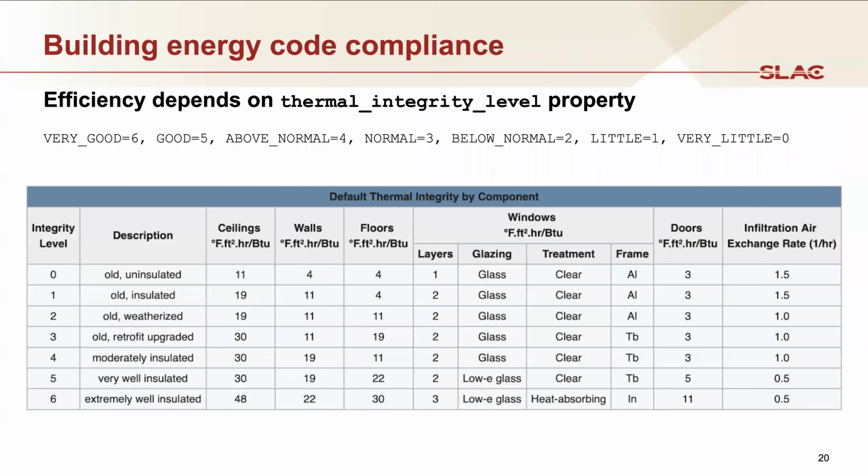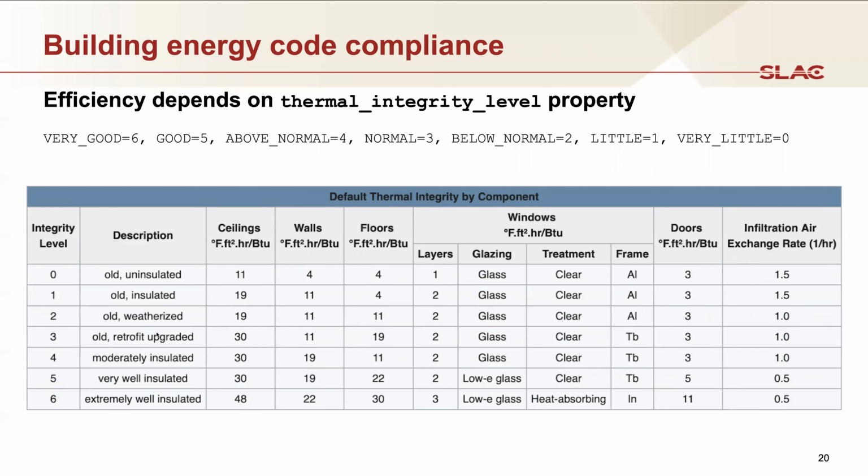Another important aspect is building energy codes. The way this is handled is with what's called the thermal integrity level. Your typical building is going to have a normal thermal integrity, which is going to be an older building that has been retrofitted or upgraded. So you can see here, this middle row, row 3, is sort of your typical building.